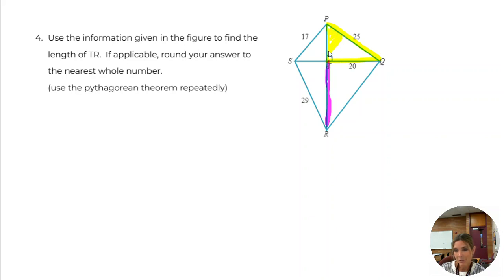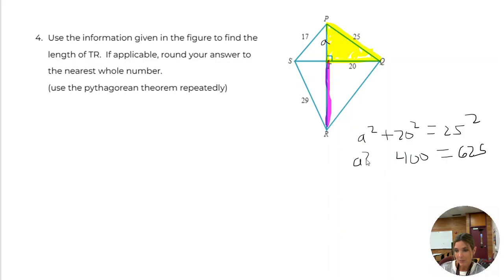So we're going to first find the leg of the yellow triangle by using the Pythagorean theorem. We'll call this leg A. So we're going to say A squared plus 20 squared equals 25 squared. So this ends up being 400. And then 25 squared ends up being 625.